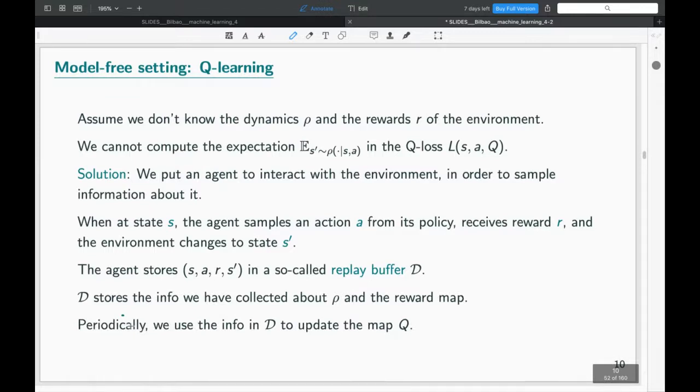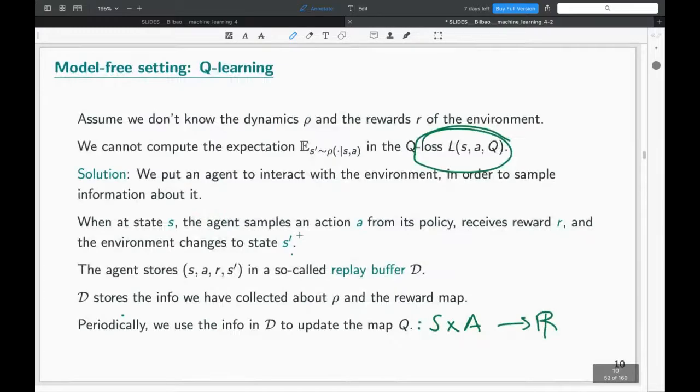And we will use the information stored in the replay buffer periodically in order to update our Q map. So all the time we are trying to minimize this.